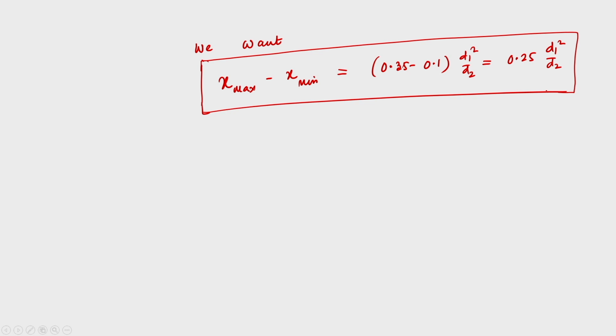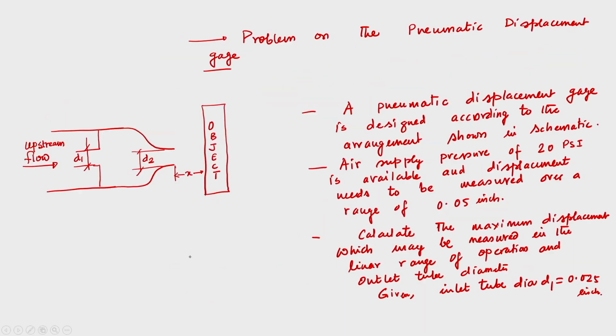Now, this x max minus x min, if we go back, the air supply pressure of 20 psi is available and displacement needs to be measured over a range of 0.05 inch. So, the range is 0.05 inch, that is what is given.